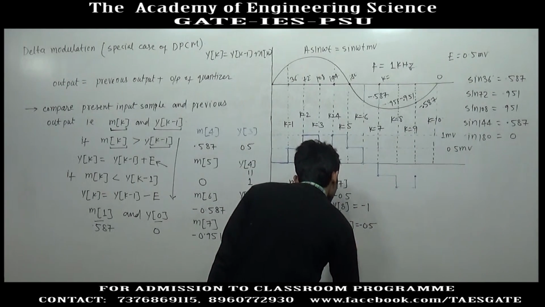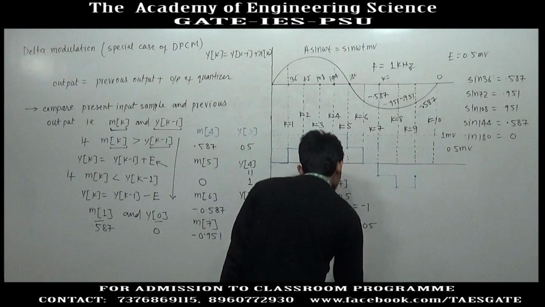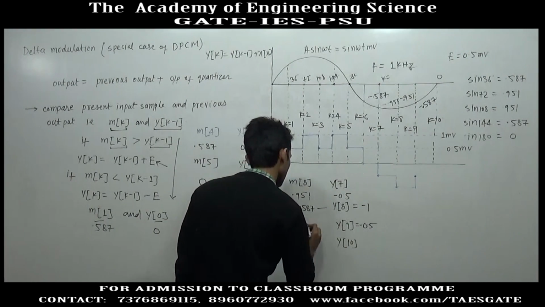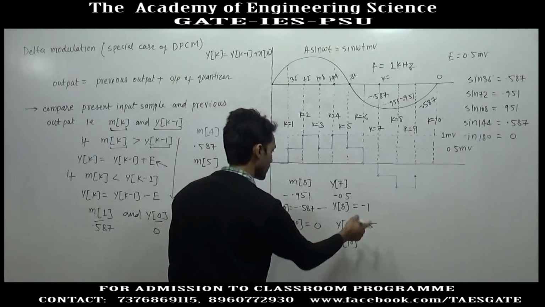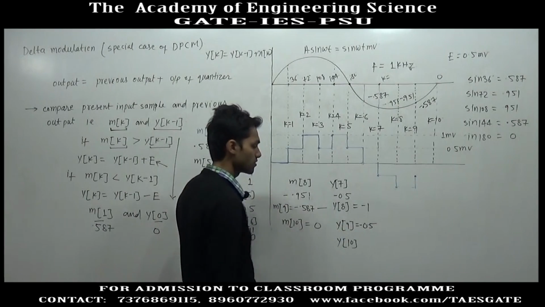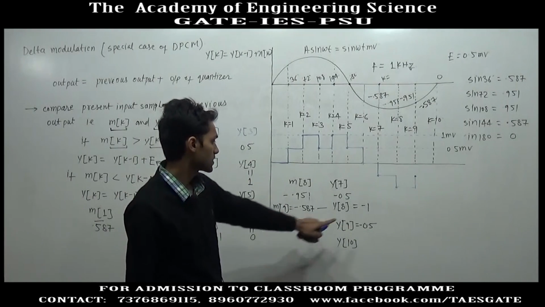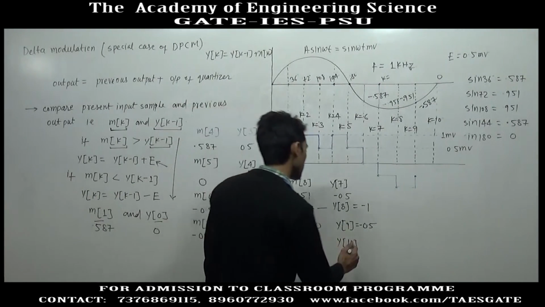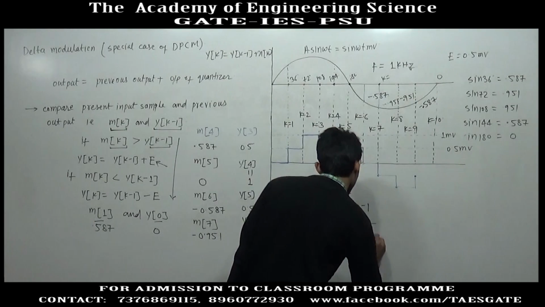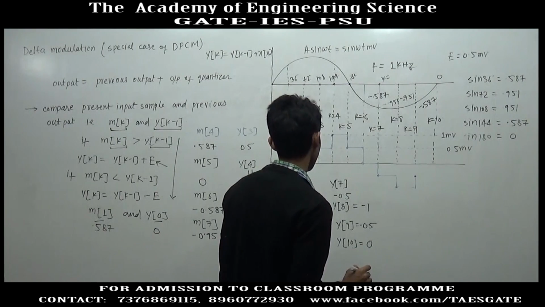To obtain Y10, we will compare M10 and Y9. M10 is equal to 0 and Y9 is equal to minus 0.5. So the input is greater than previous output, so 0.5 will be added to the output. So Y10 will be equal to 0.